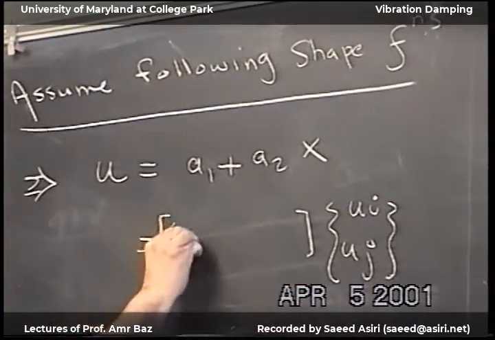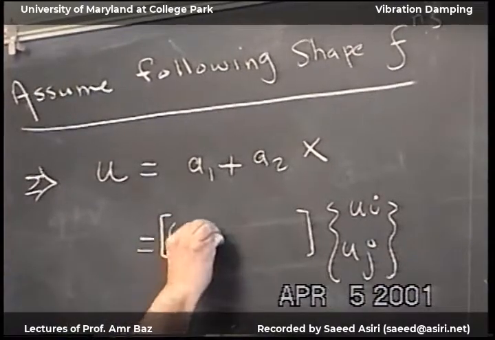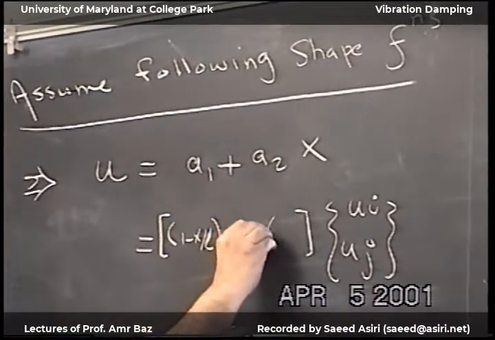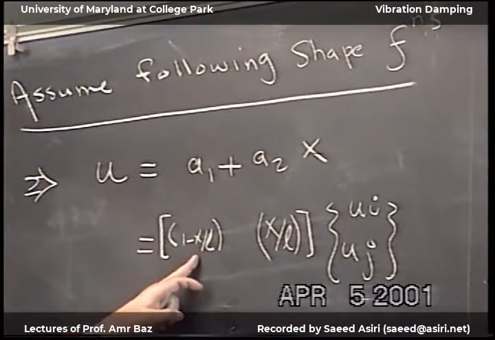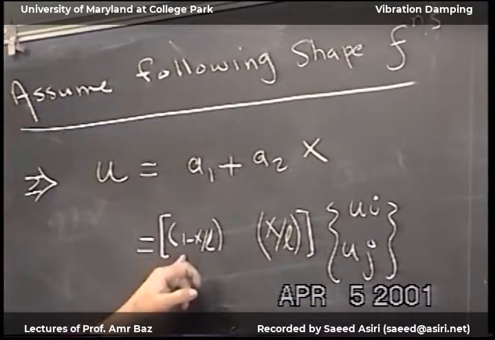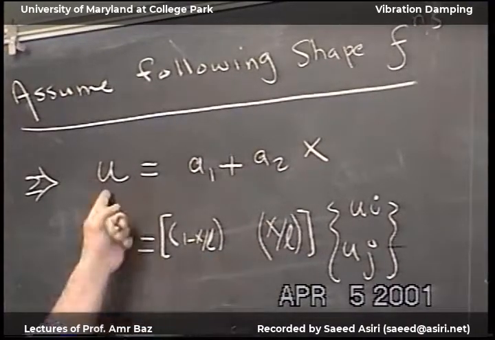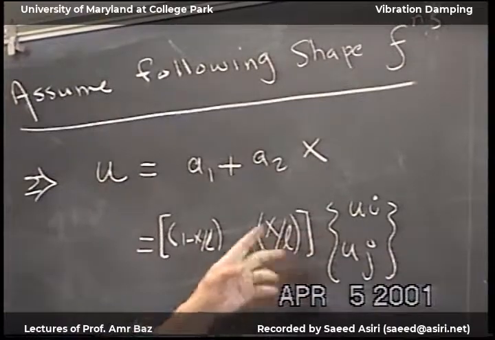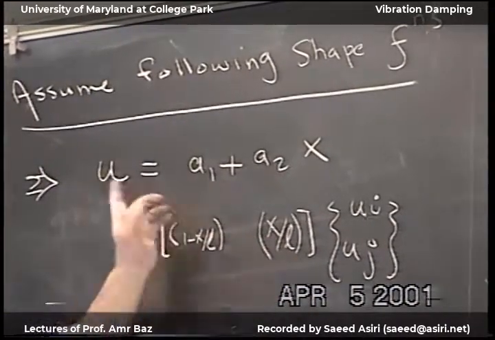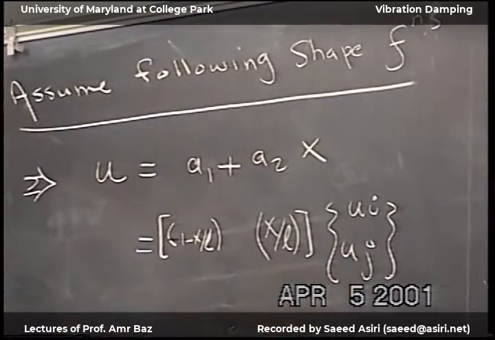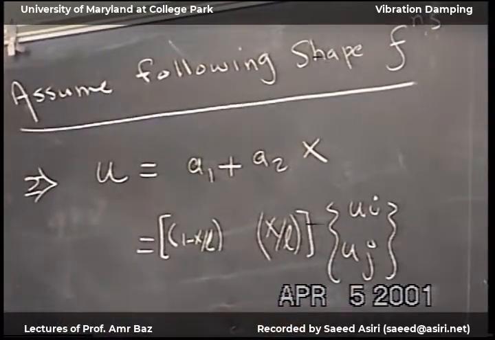And this will be 1 minus x over L, x over L. So when x is equal to 0, then this will be 1 and this will be 0, and u will equal ui. And when x is equal to L, this term will disappear, this will be 1 and u will equal uj.